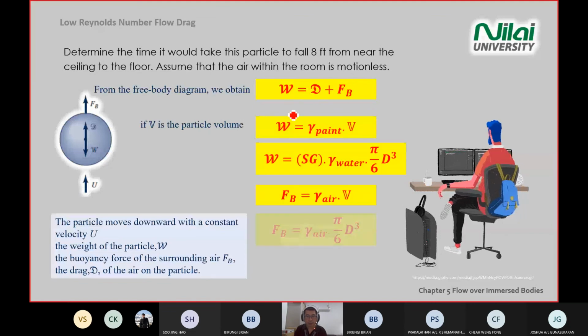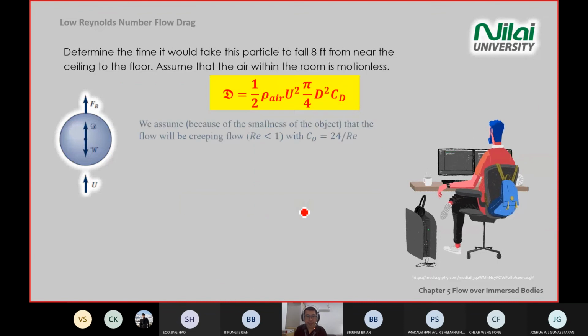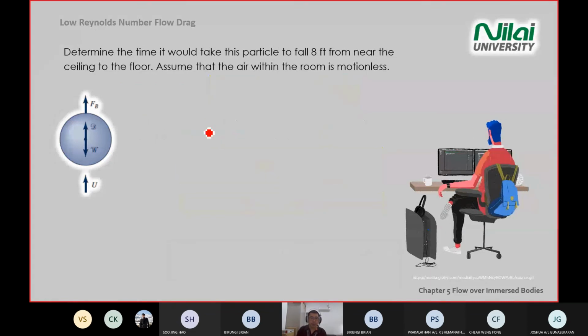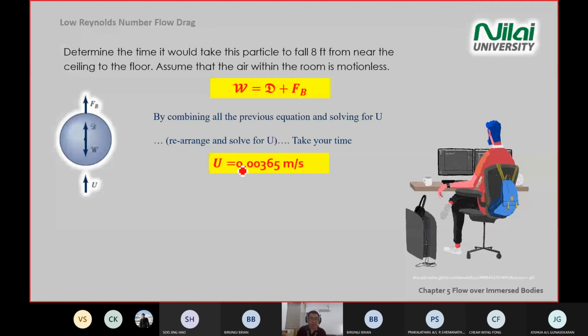So all the terms that we have here we already can find, only the u that we don't have inside the drag equation. So you substitute all the values, at the end you get your u equal to 0.003 something, right? Again, this is just an example, right?